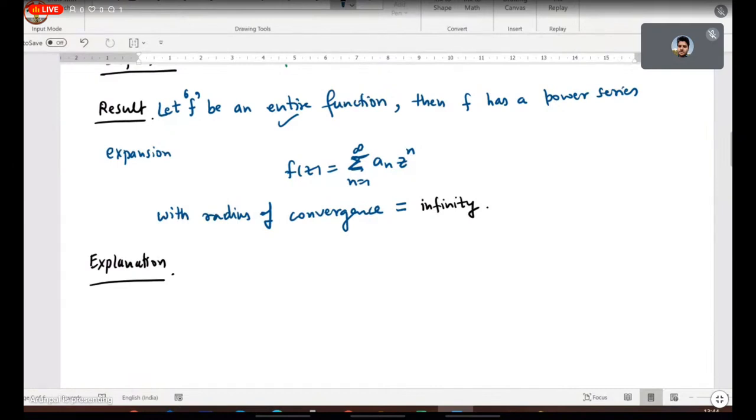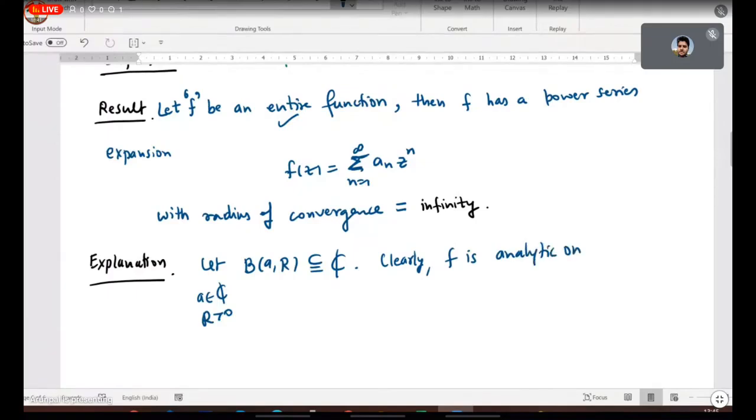So, class, let us consider a ball in C. Take any point; it is understood that a is any point in C and r is certainly greater than 0. Take any ball. Then, class, needless to say that f is analytic on B(a, r), right, class?